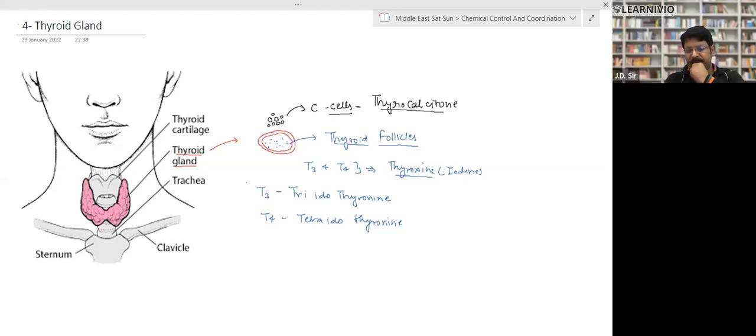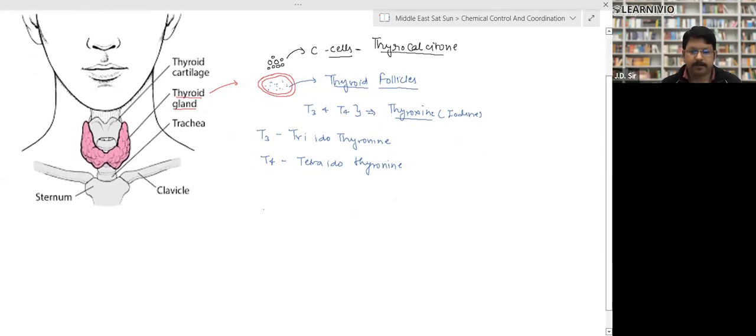This is the largest endocrine gland, located anterior to the thyroid cartilage of the larynx. The next point is very important, please make a star and note it down.